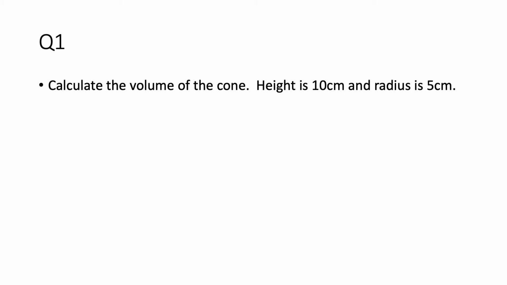Question 1 says calculate the volume of the cone. The height is 10 and the radius is 5. The volume of a cone is a third pi r squared h.